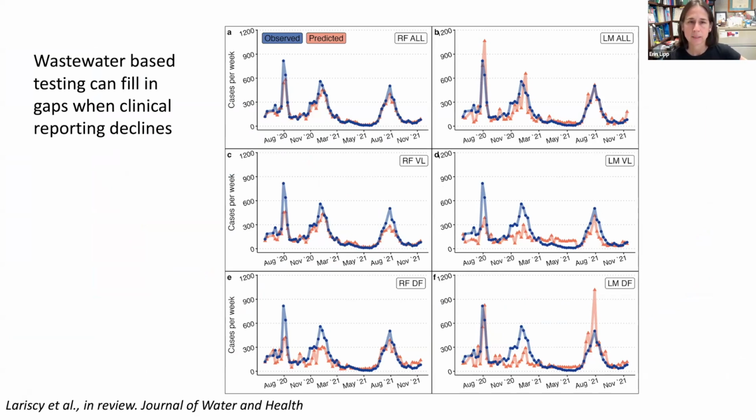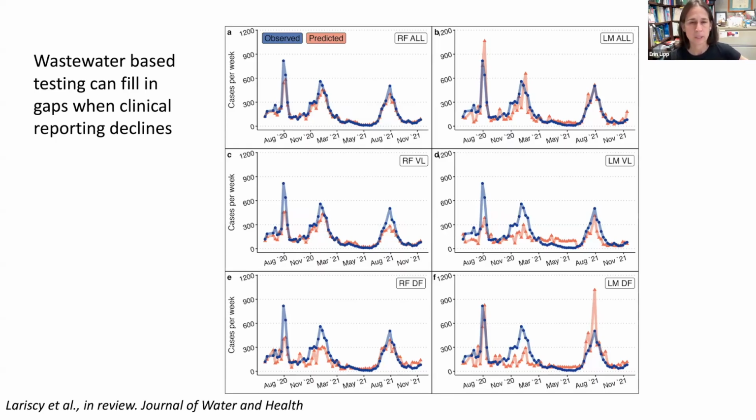The blue lines indicate the observed levels based on clinical surveillance. The orange lines indicate what was predicted based on wastewater-based data, whether it's detection frequency or daily load. And you can see that over a variety of models, it pans out really well.